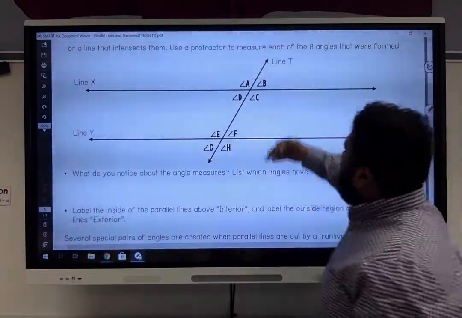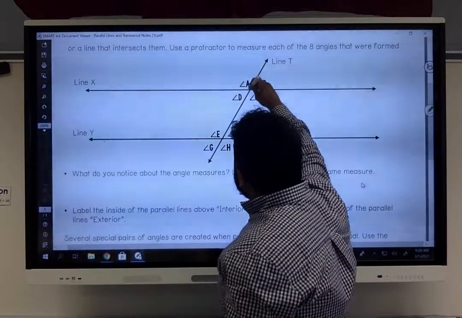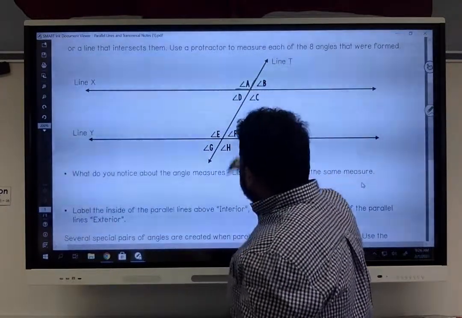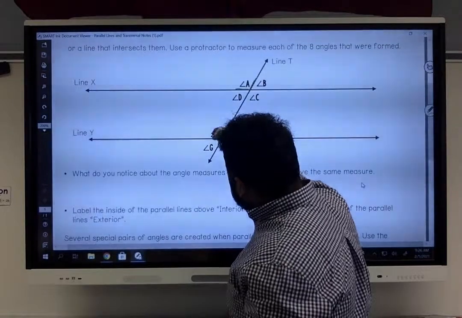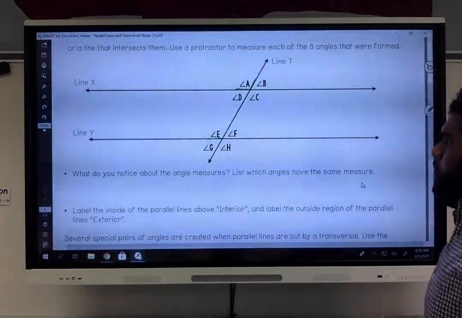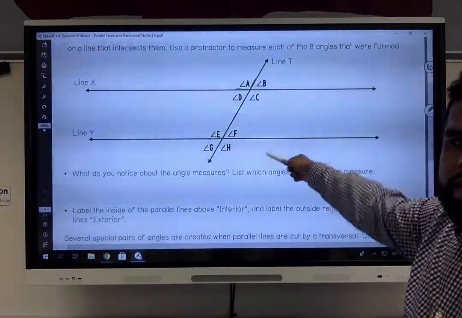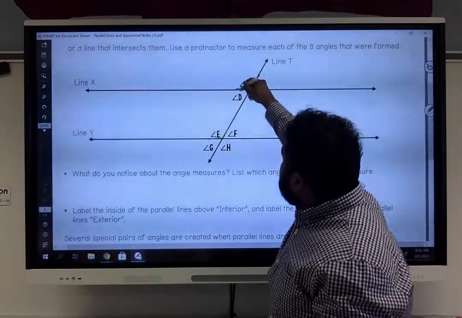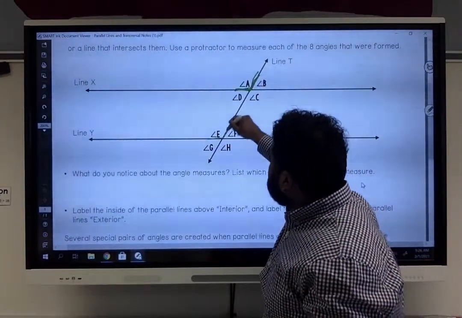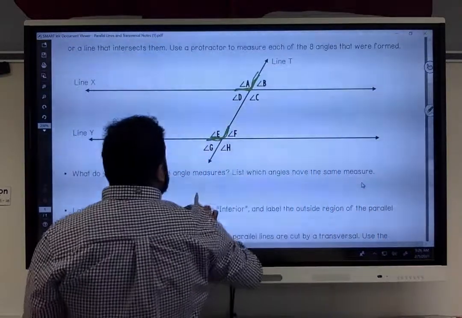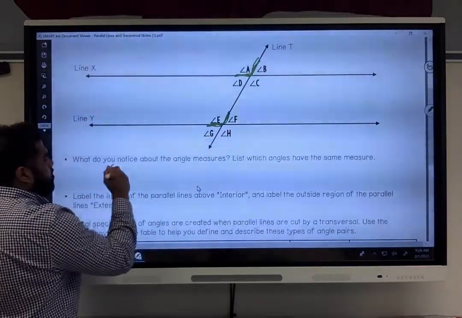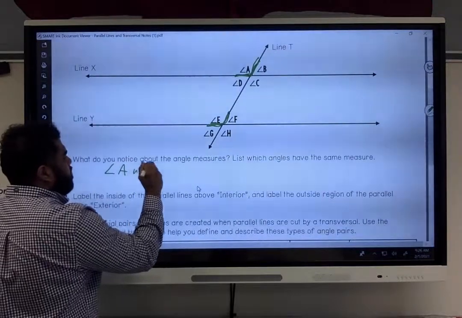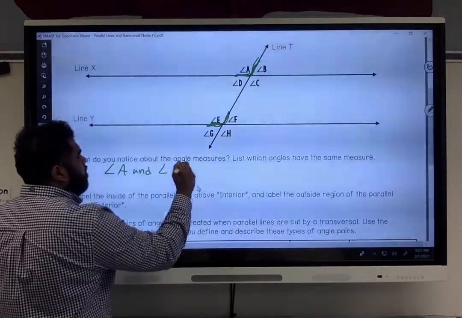Look at angle A and then angle E. They make the same angle, if you take a look up top and down below. These two angles are exactly the same, so we can say that angle A and angle E are the same.